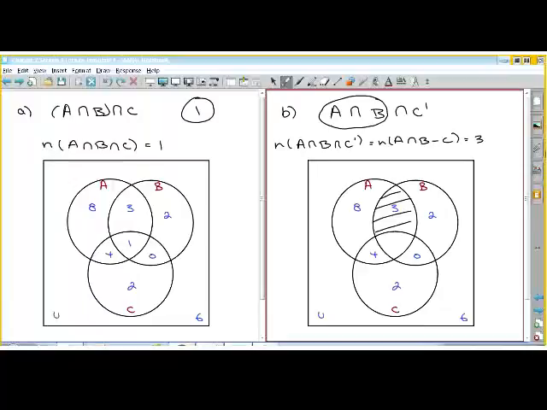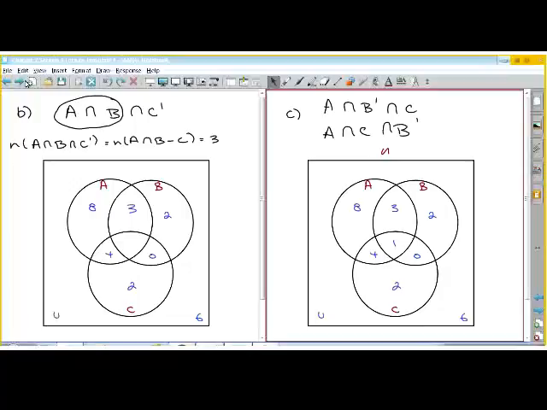That is 3. So there are 3 elements in the resulting area that results from this operation. I take A intersect B, which is a football, I subtract the area that involves C, and that leaves me with 3 elements.